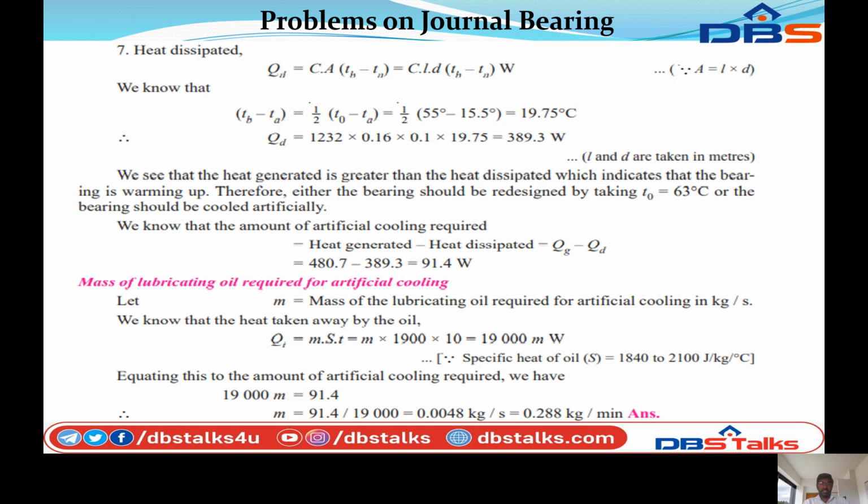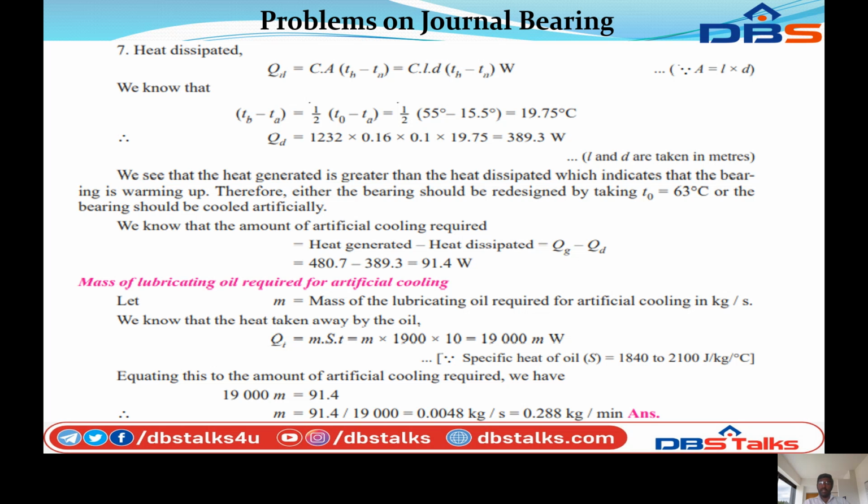So next, equating this to the amount of artificial cooling required. Let M be the mass of lubricating oil required for artificial cooling in kg per second. The heat taken away by the oil, Qt is equal to M into S into T, that is equal to M into 1900 into 10, that is equal to 19,000 M watts.